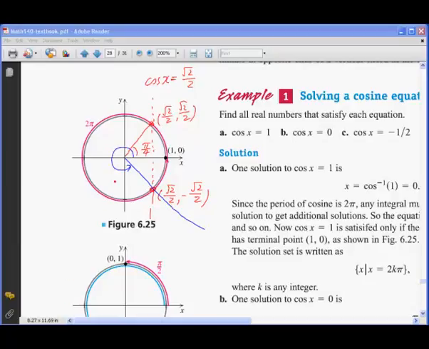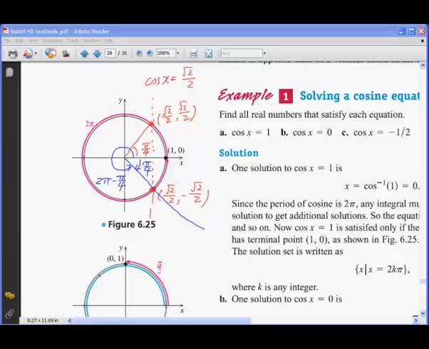Then how to find this angle? We know this is pi over 4, and so is this angle, pi over 4, right? So for this big one, it's equal to 2 pi minus pi over 4.